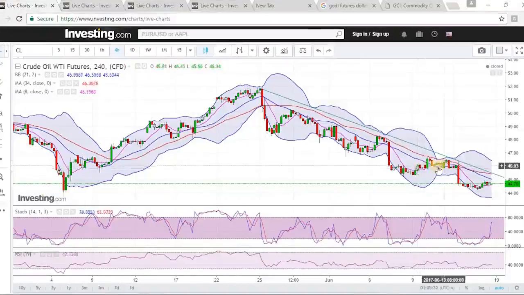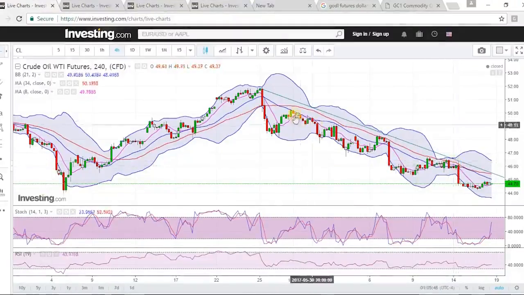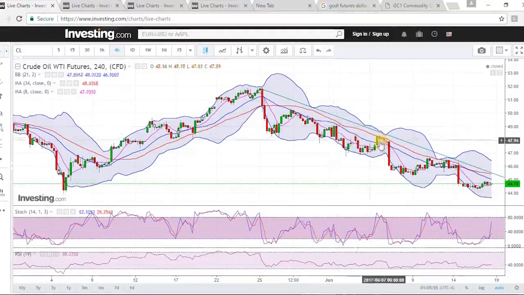In the 4-hourly chart, we can see that again the prices came to the mid-Bollinger level, and again it went to the 34 period moving average. Now what we had seen is that in the initial part of the down move, the market was being resisted at the 21 DMA, that is our mid-Bollinger line.